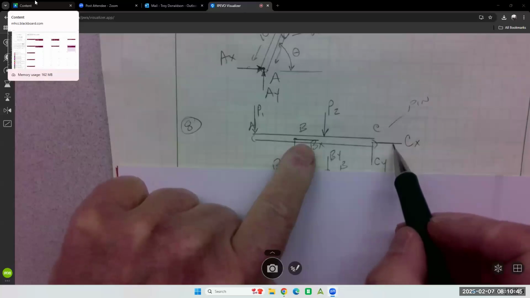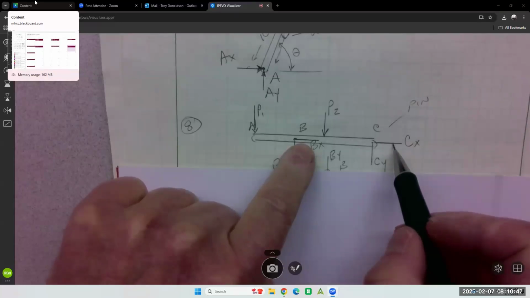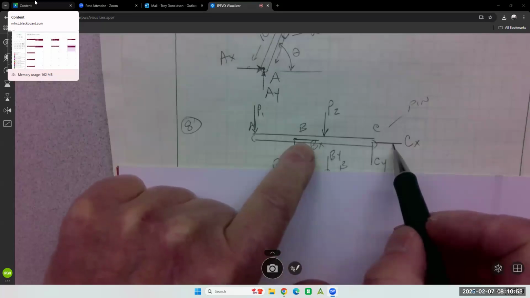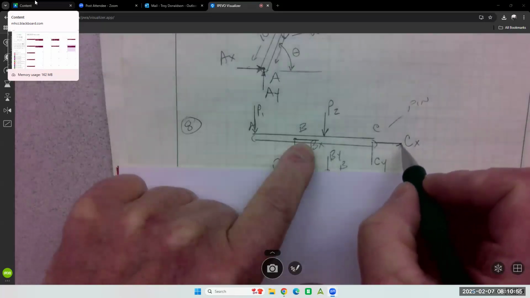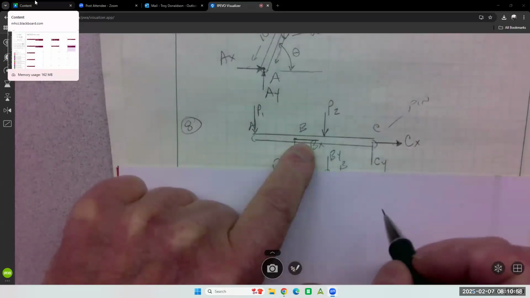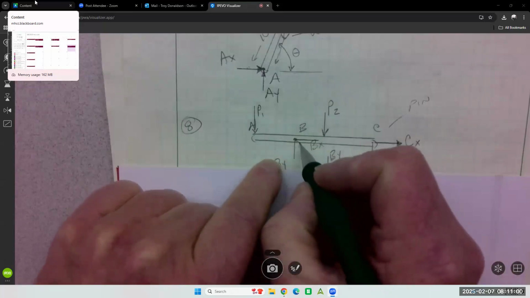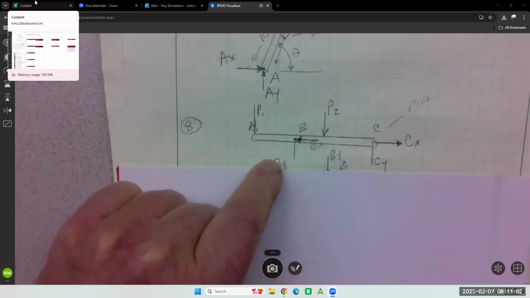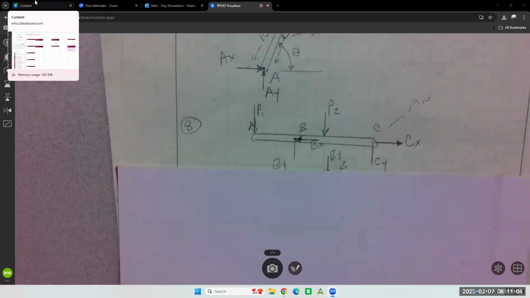These are the only 2 in the X. We don't know anything about either one of them. So no, I have no idea which way they're going. So in that case, you just choose one. And then you make the other one balance it out. Because we know the forces in the X have to equal 0.